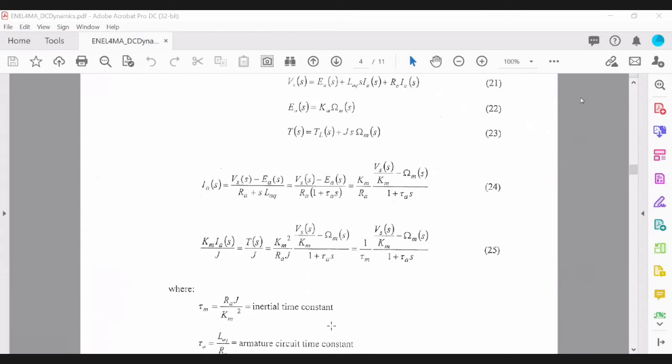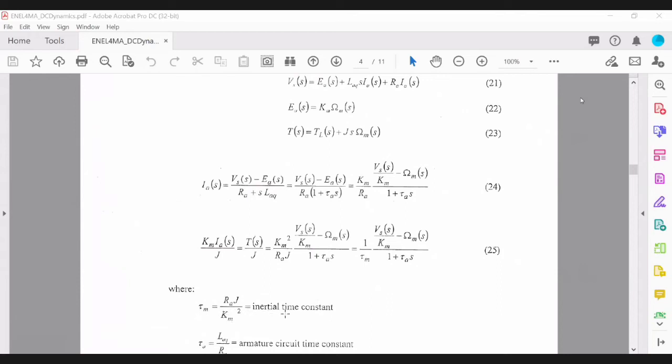And the product of Km IA(s) over J is equal to T(s) over J, and you can rearrange that also and manipulate it. So that's where we are now describing tau M as Ra J over Km squared.